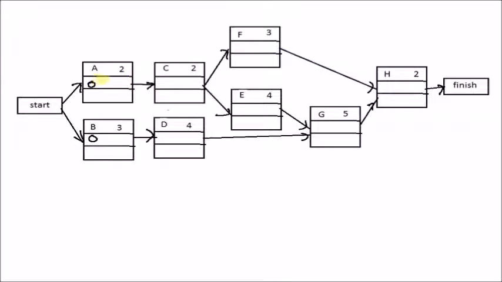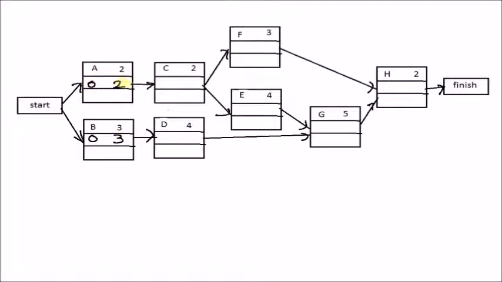So we end activity A 2 weeks after 0. That is 0 plus 2 is 2. Similarly, we end B at 0 plus 3 is 3.